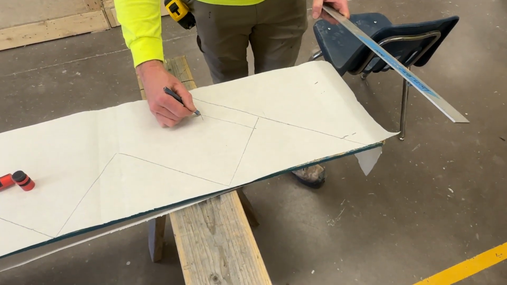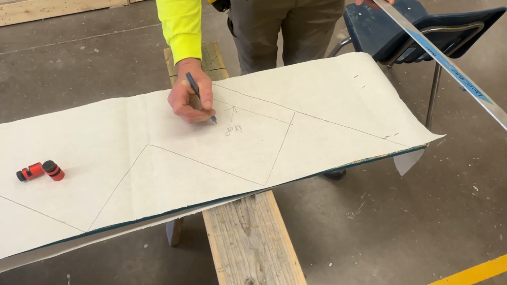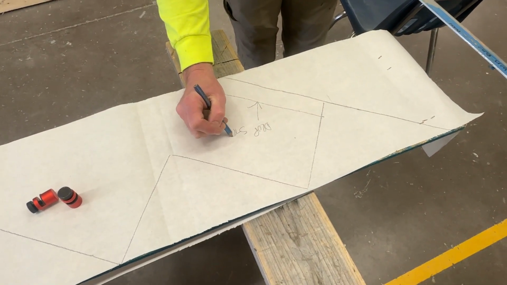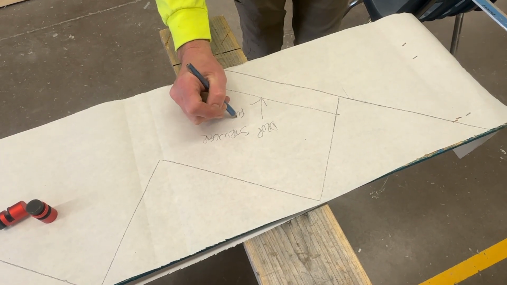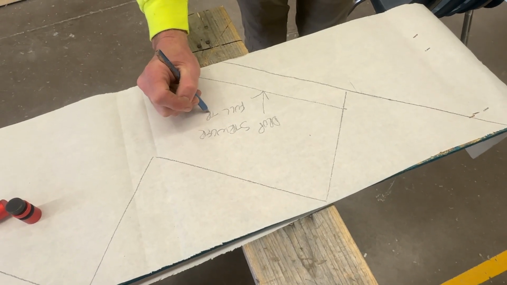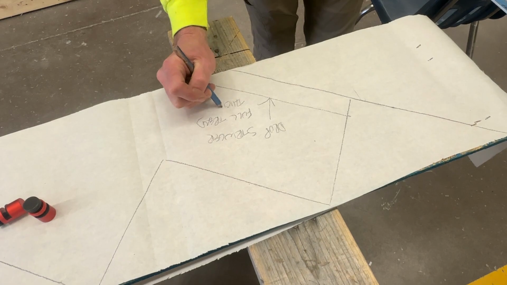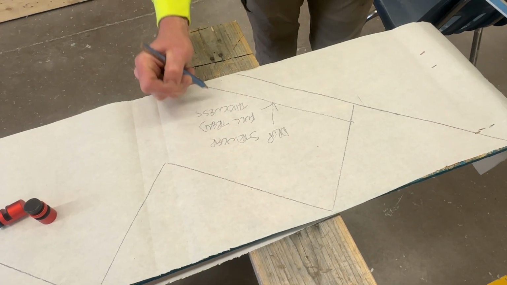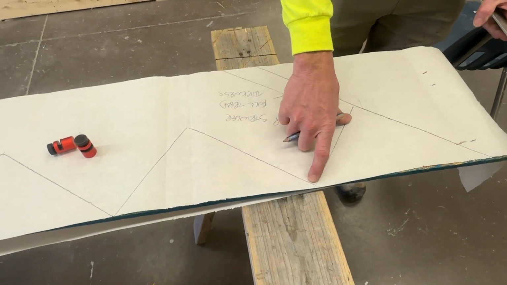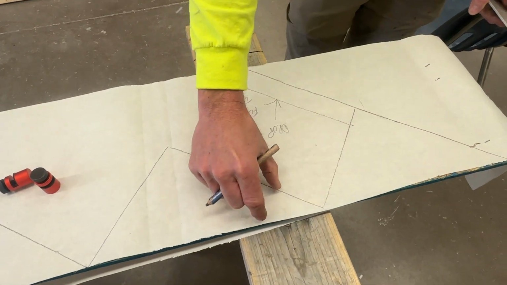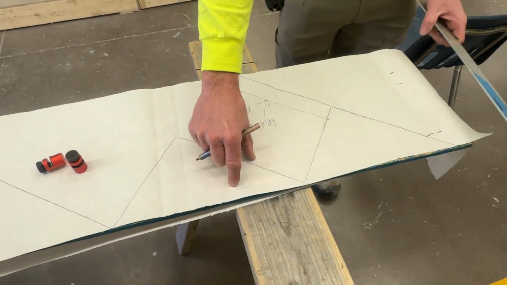This would be the drop stringer, full tread thickness, so that this first rise would get shorter, but once I add the 1.5 inches on top of there, I'm back to my 7 3/4 rise.